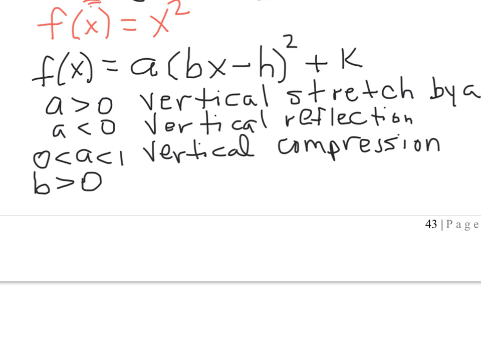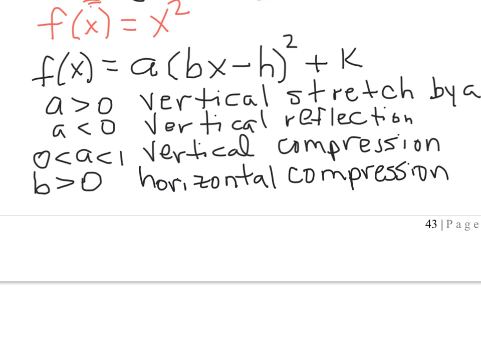So when B is greater than 0, we have a horizontal, wait for it, compression. What? How can that be? Well, if you remember, whenever we have operations inside these parentheses, they always do the opposite of what we think is supposed to happen.